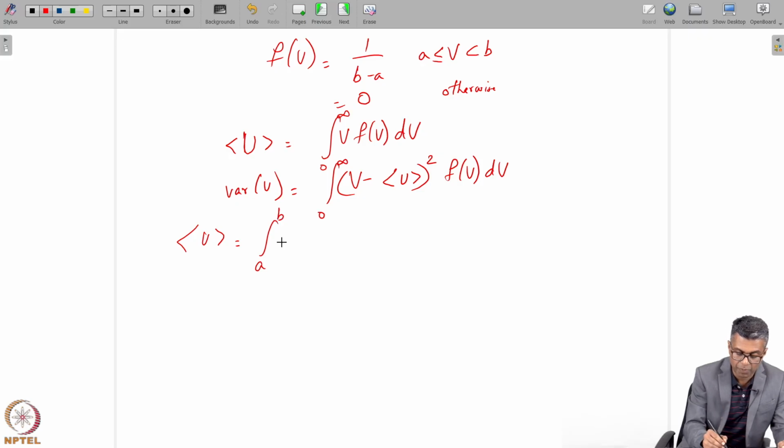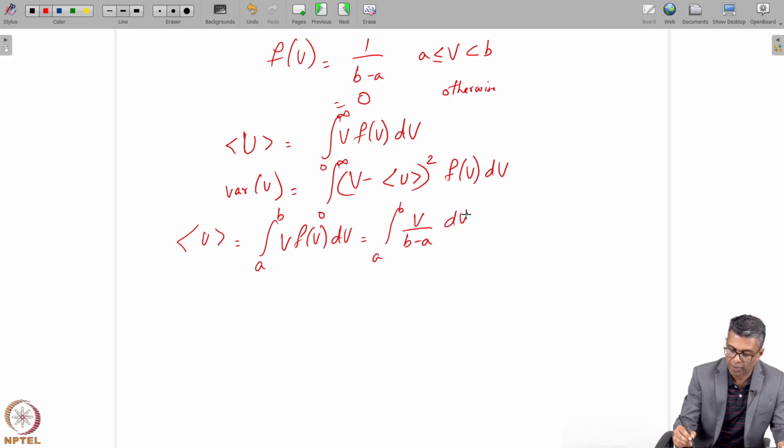So you will have the integral from a to b of v times f of v dv. That would be the integral from a to b of v over b minus a dv. So that would be v squared over 2, isn't it? 1 over b minus a times v squared over 2 going from a to b.